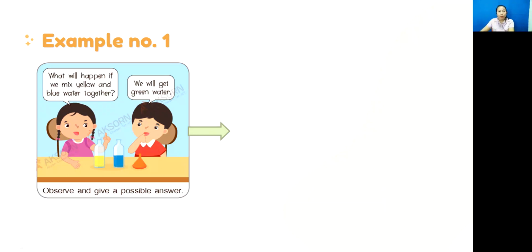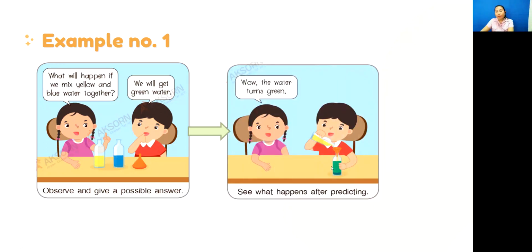She asked what will happen if we mix blue and yellow water together, and he thought first before doing the activity. Before they perform the activity, they already think of the answer, the possible answer that they will get. So his prediction is correct because it turns into green color.